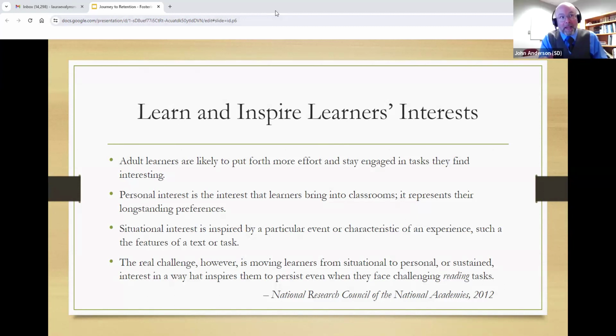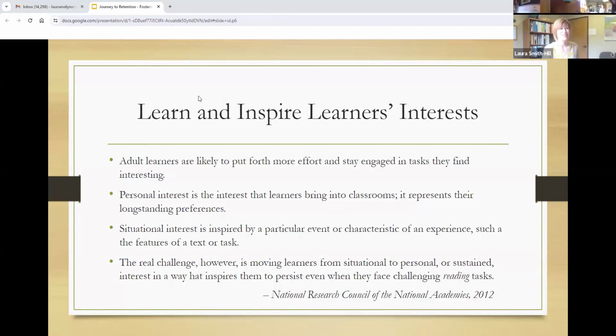And Laura, isn't what Kate just said really the distinction between a personal interest versus that situational interest? I like that distinction. Yeah, I think it is a good distinction, and it crosswalks what Kate shares and what Becky shared about that. It also relates to the very last line on the slide, the real challenge of moving learners from situational to personal.